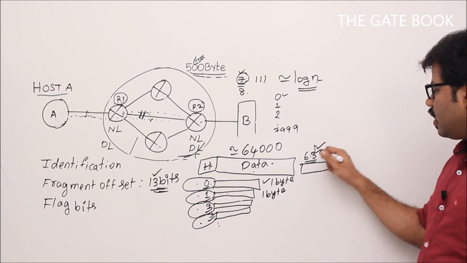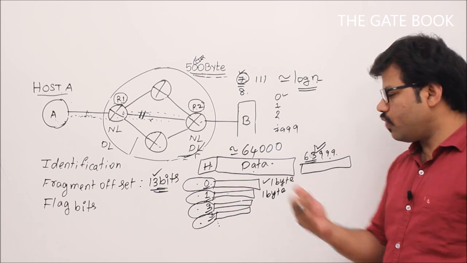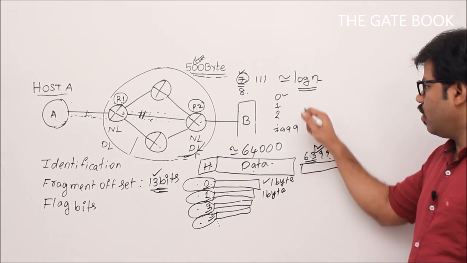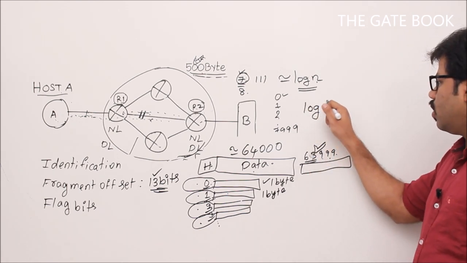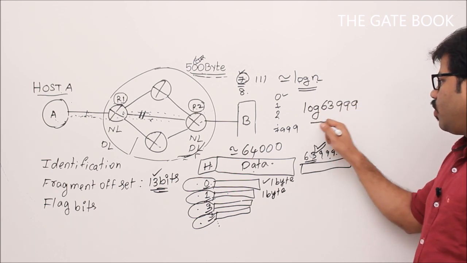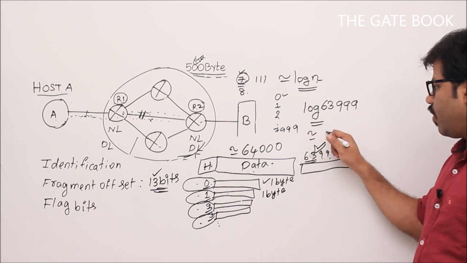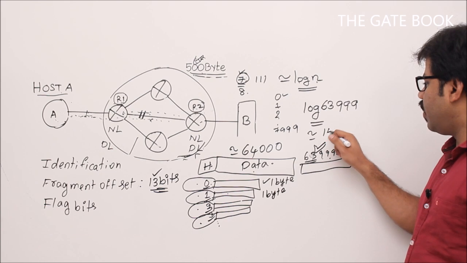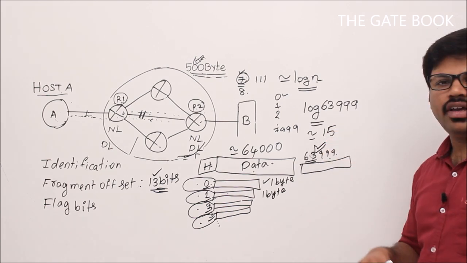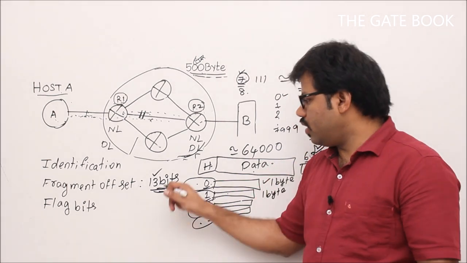Similarly, this 63,999 is going to be someone's offset and we want to represent it. Simplified, that is something around 15 to 16 bits. So you require approximately 16 bits, but we have only 13 bits.